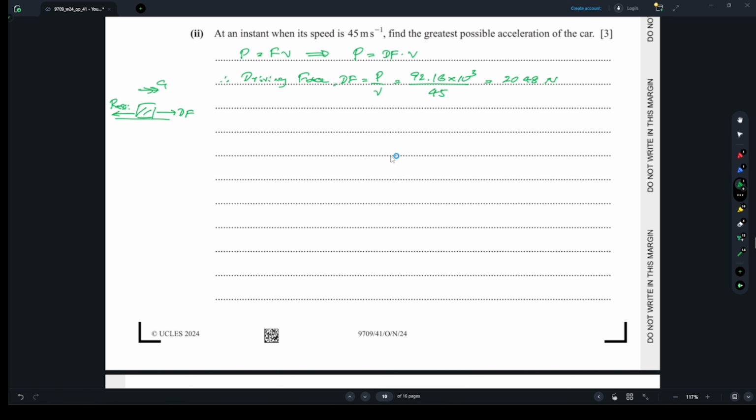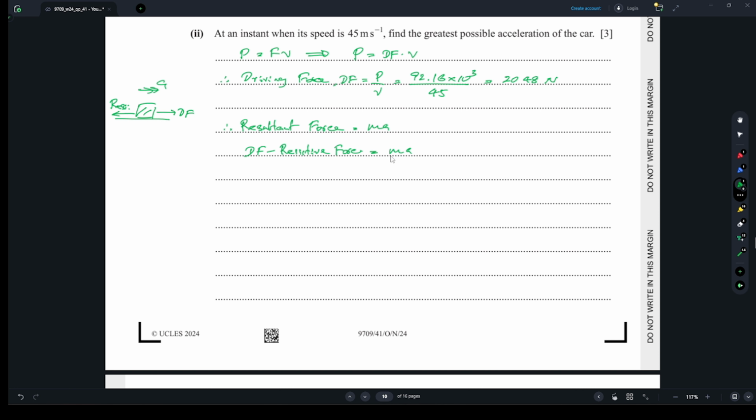So if we have an acceleration, that means we have a force. So we can write the resultant force on the car equals ma, and that is the driving force minus resistive force equals ma.